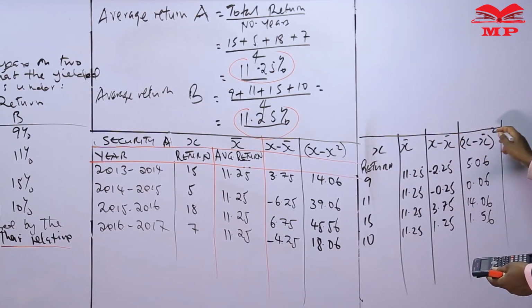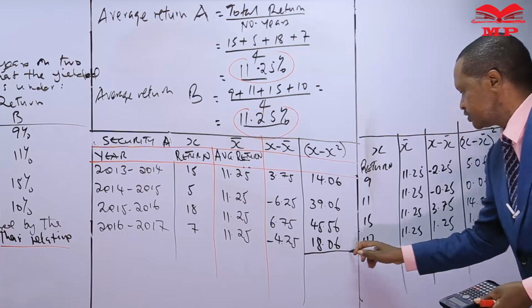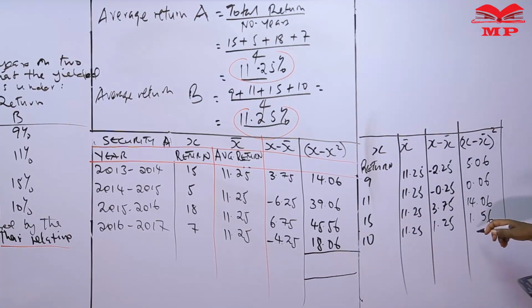These are the deviations. So the next step is to get the total of the deviations squared.